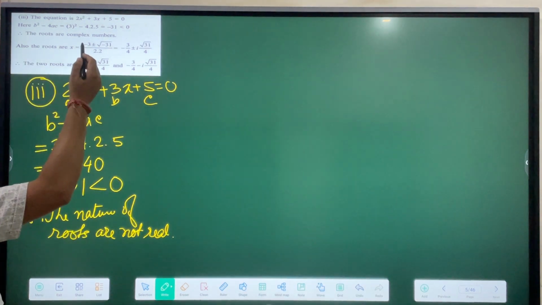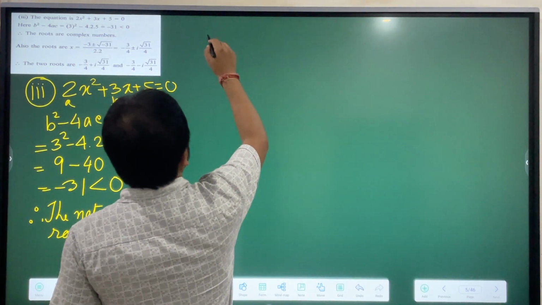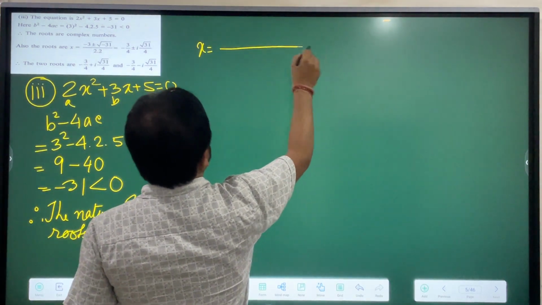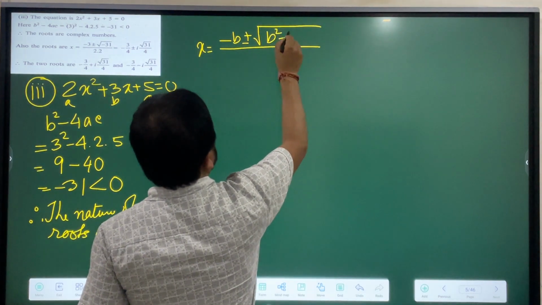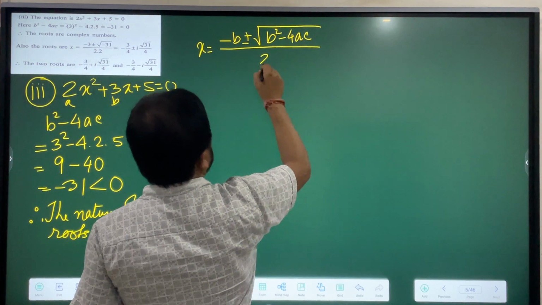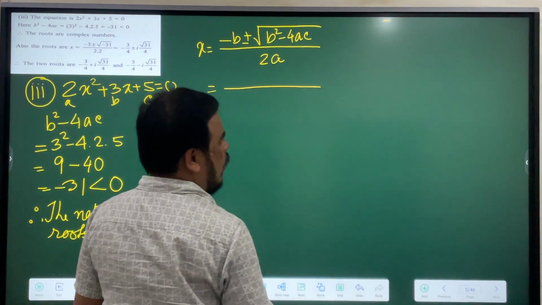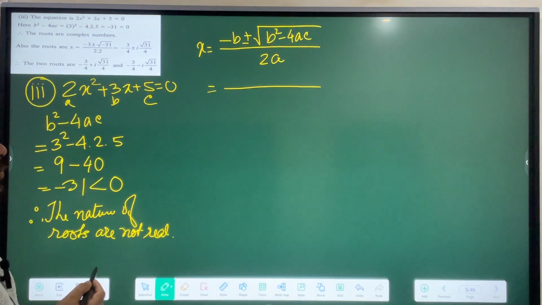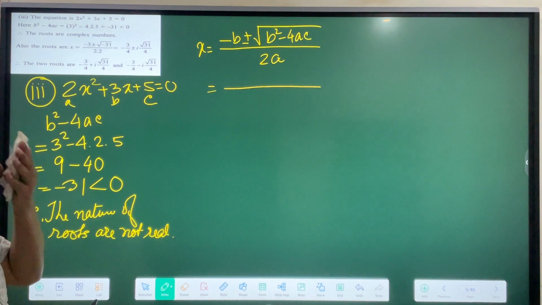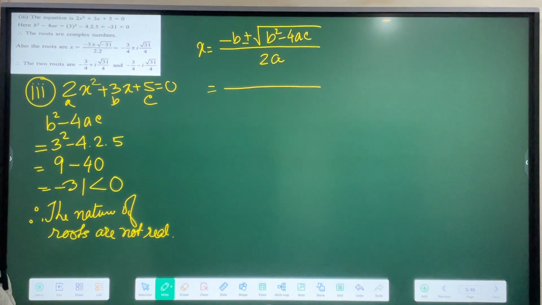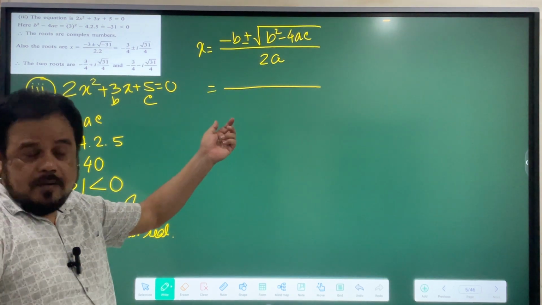So, it was told to solve the quadratic equation. So, the formula is minus b plus minus square root of b square minus 4ac by 2a. This one you have to learn by heart, because this will be needed many times in your life of science. If you go for science or engineering, so many times you have to use this one. Don't think that this is for class 10 only.